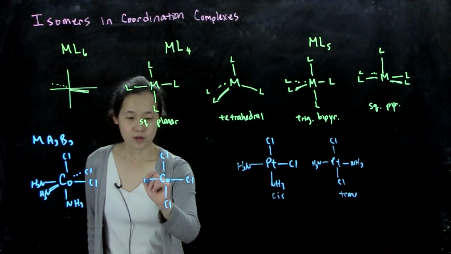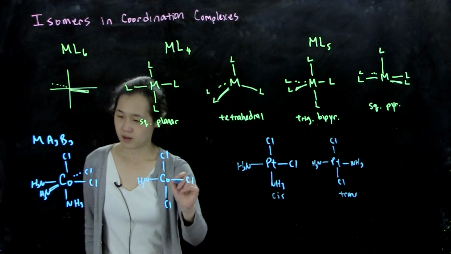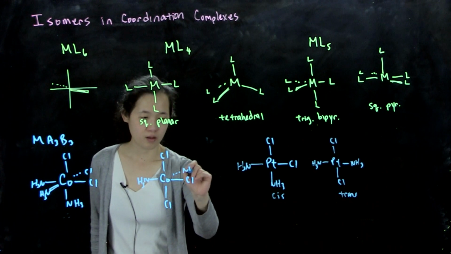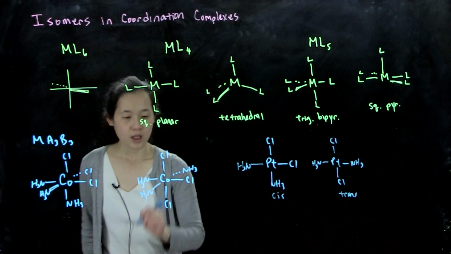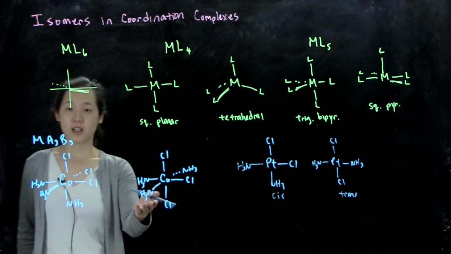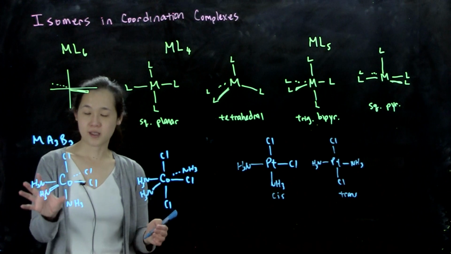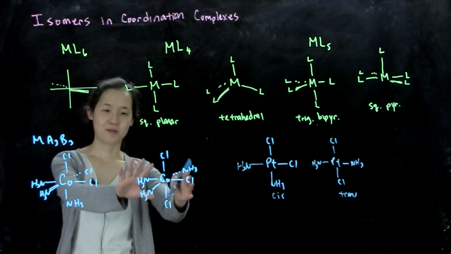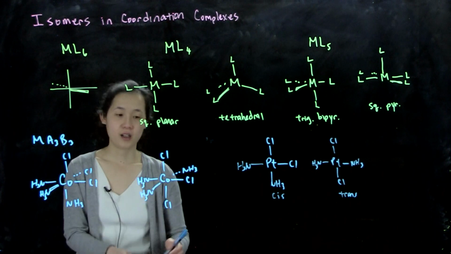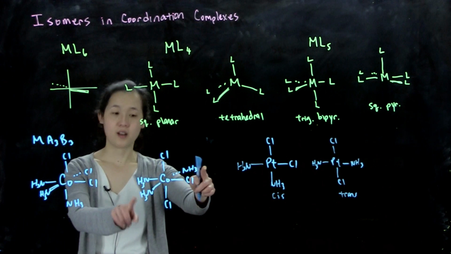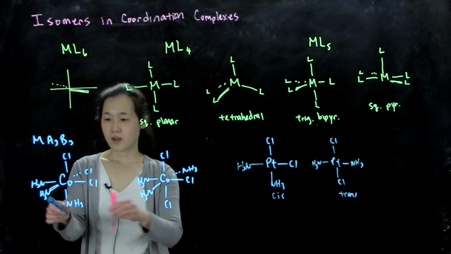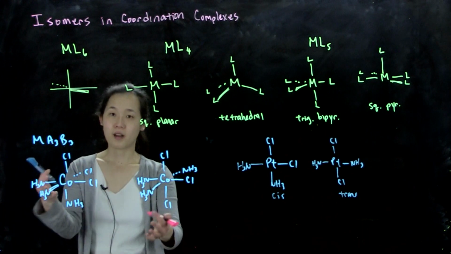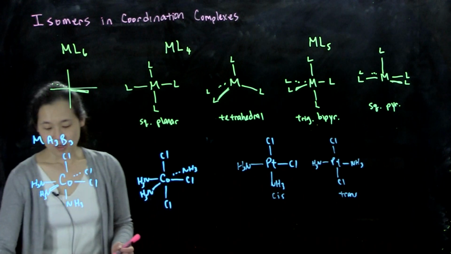Then the rest of the ammonias would be here. Keep in mind that I could also use the ammonia ligand positions as direction because they are the same as what the chlorides are. Here the ammonias are also 180 from each other with the 90 in the middle. These are the 2 different possible isomers. You can see if I rearrange ligand positions, they'll be the same. So be able to do that.